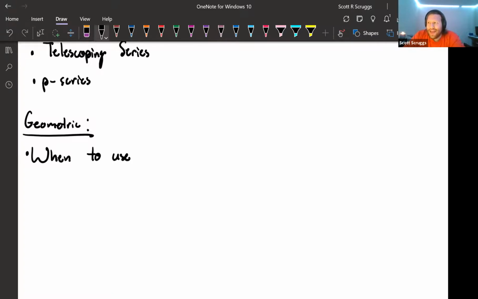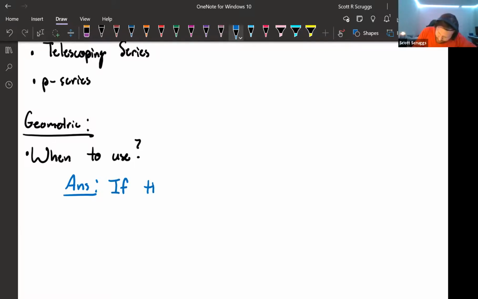First question I always ask is, when do I use the geometric series test? When would it be appropriate for me to use this particular method? And the way to answer that is based off what the series looks like.